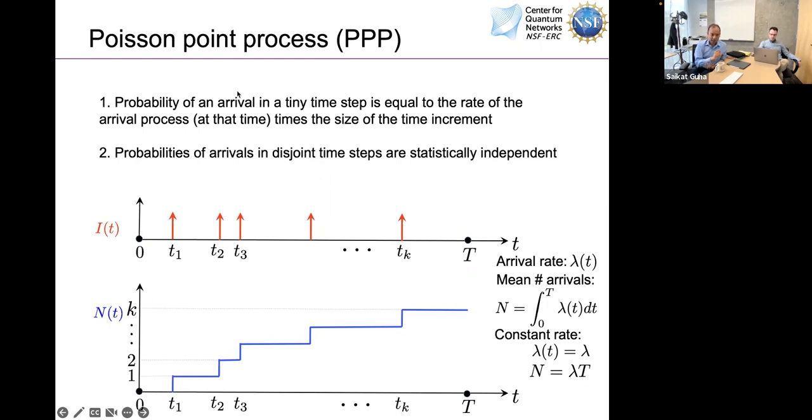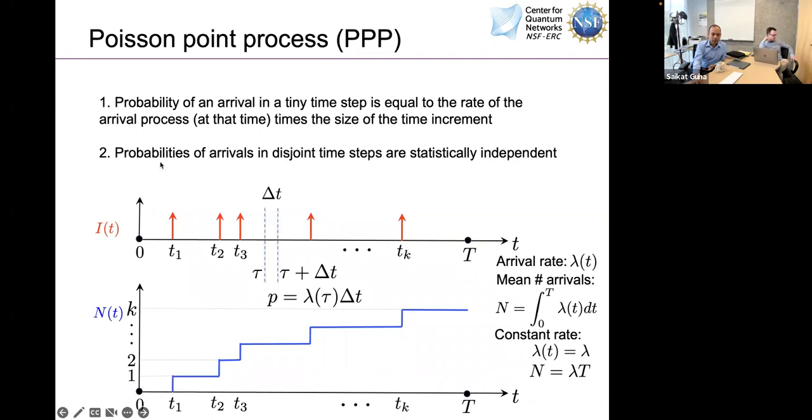The first property is that the probability that an arrival occurs in a tiny little time step, delta t, is equal to the rate of the arrival process at that time, tau, here's lambda of tau, times the size of the time increment delta t. Sounds very obvious, right? So lambda is the rate, the arrivals per second, times the seconds, which gives you the probability with which there will be an arrival in this tiny little time step.